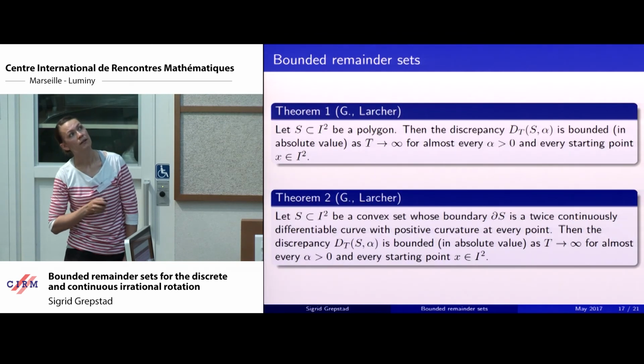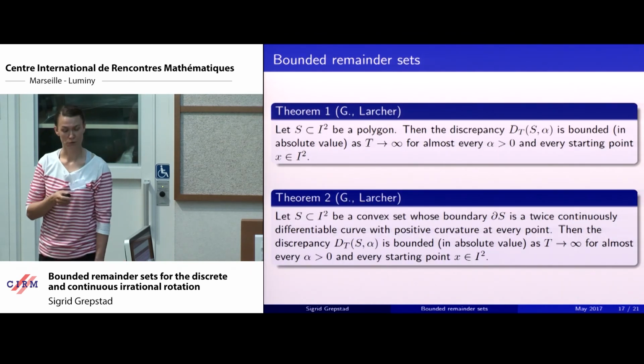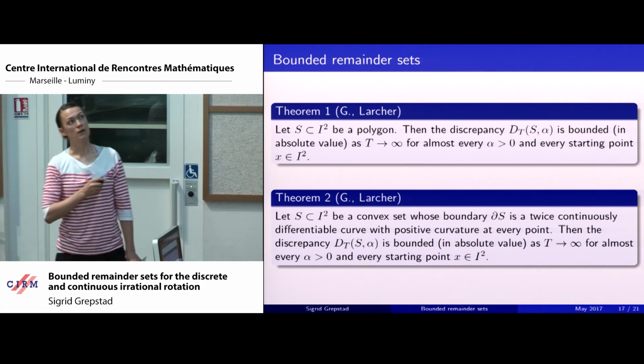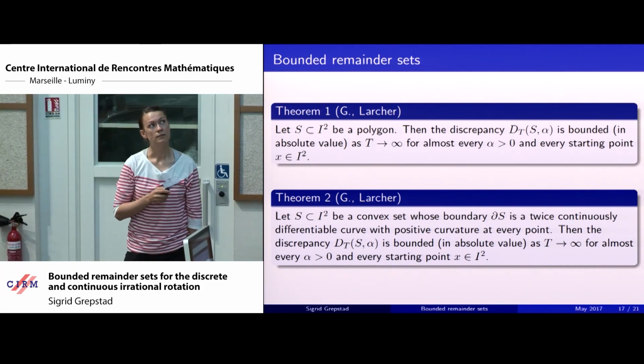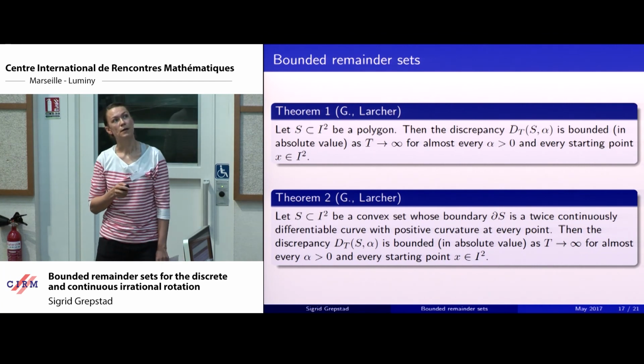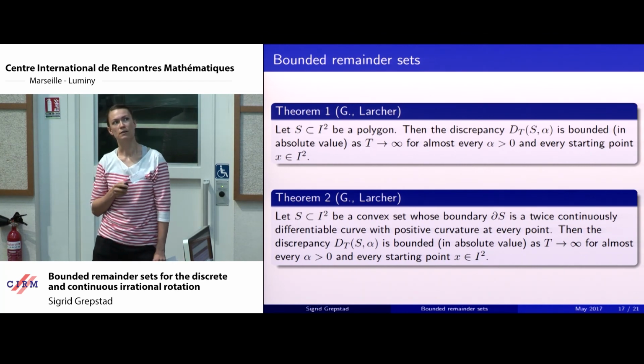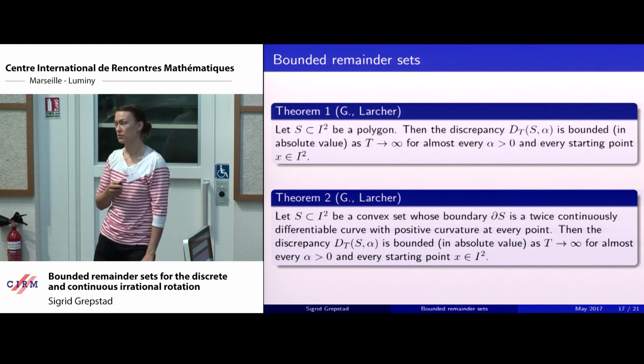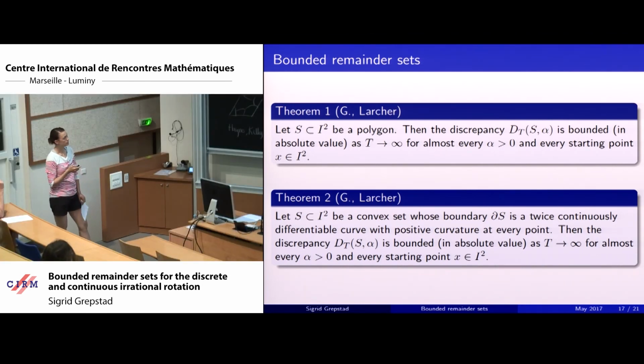Together with Lacher, we were able to show the following. First of all, if S is a polygon in the unit square, then this discrepancy is going to be bounded in absolute value as t tends to infinity for almost every alpha and every starting point in the unit square.